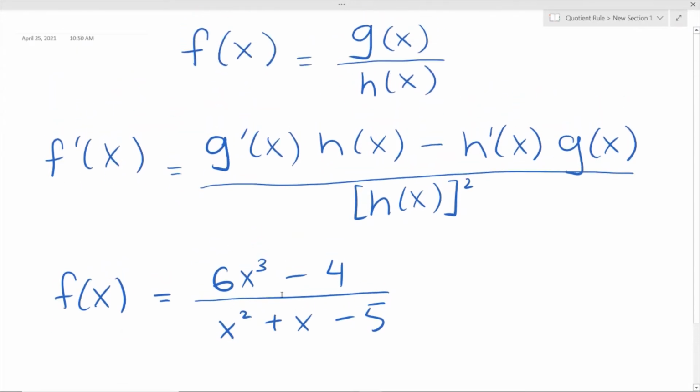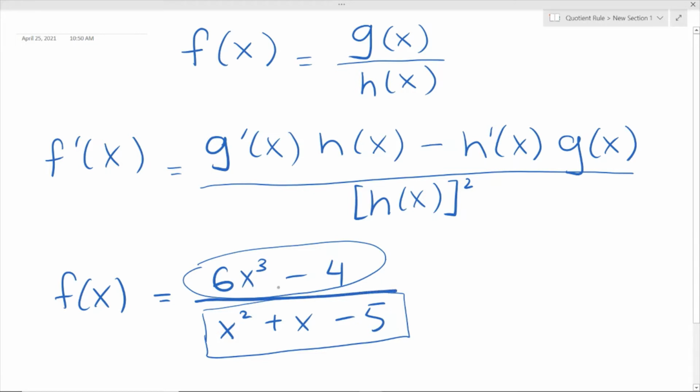Here we have this format, right? g of x over h of x. Our g of x is the numerator right here, and the denominator in the box is our h of x. And this is a fraction line dividing both of them.